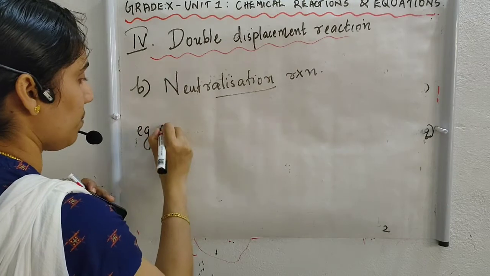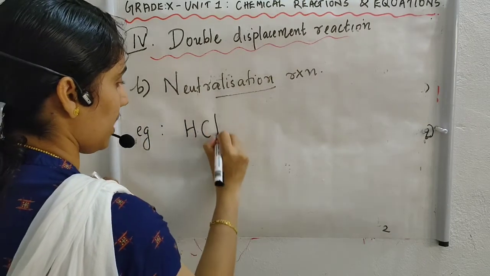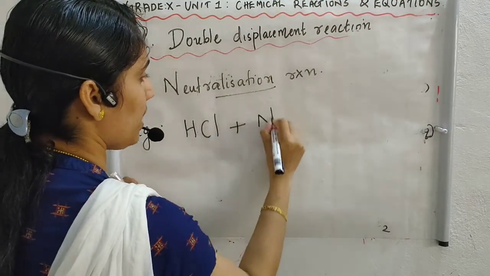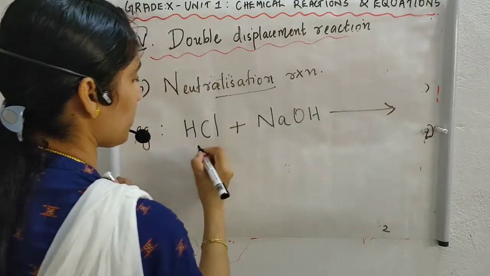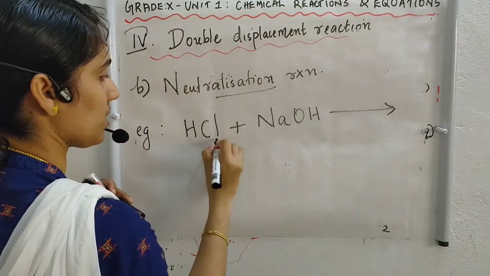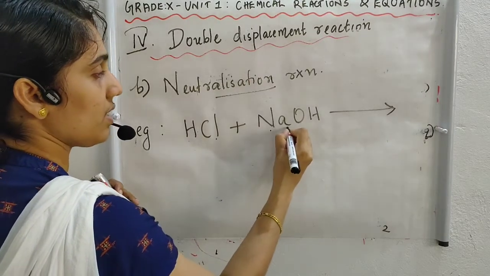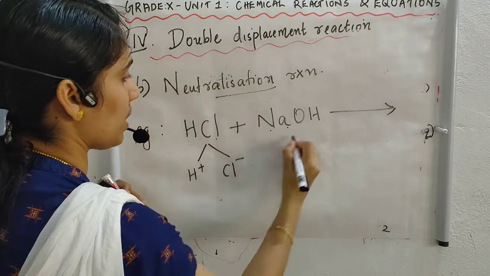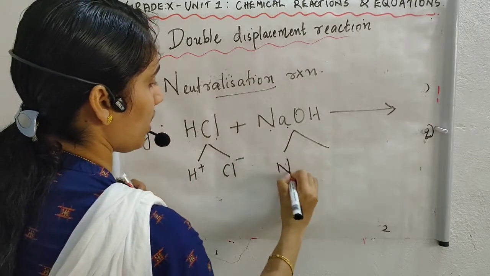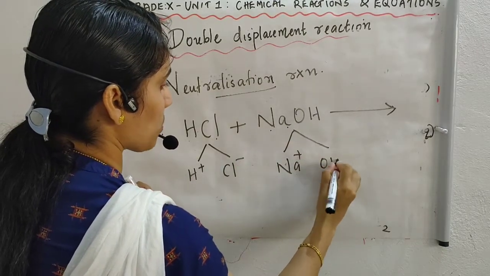So the example: HCl is an acid, the base is NaOH. The ions are H+ and Cl-, and here Na+ and OH-.